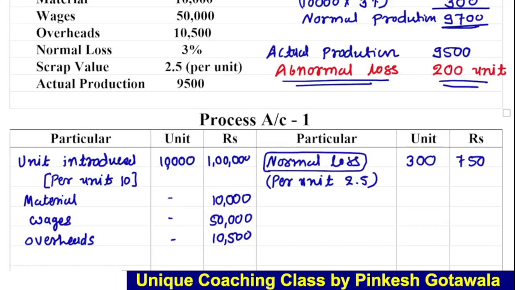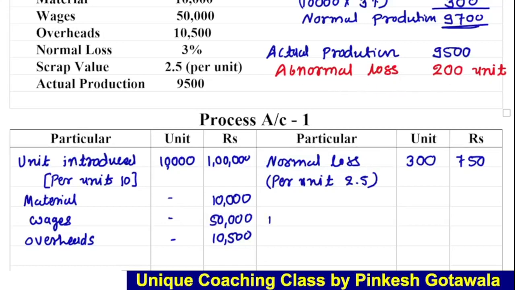Credit side. So it is also one type of loss. Normal or abnormal, that is not important, it is a loss. If normal loss goes on the credit side, so abnormal loss also comes on the credit side. So first of all, its effect will be on the credit side.